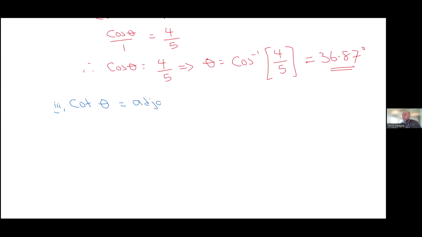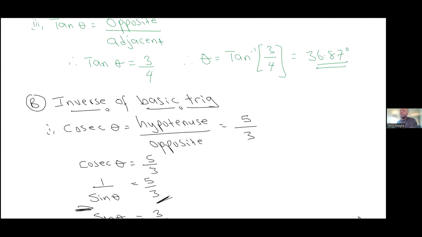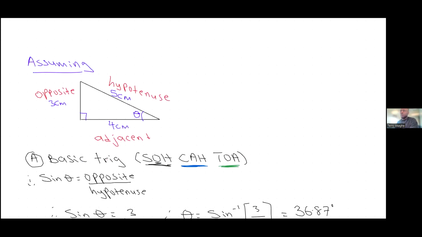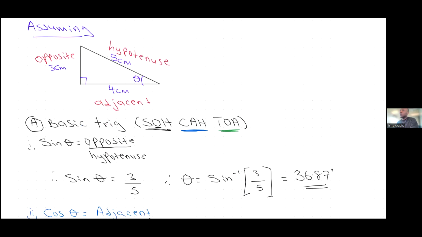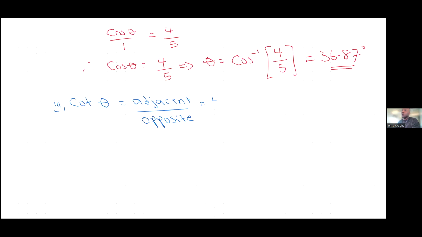Opposite. Now, if you go back to the example we had, what is the adjacent here? The adjacent here is 4, and the opposite is what? 3. So it's going to give us 4 divided by 3.